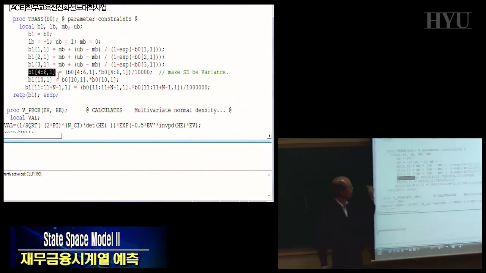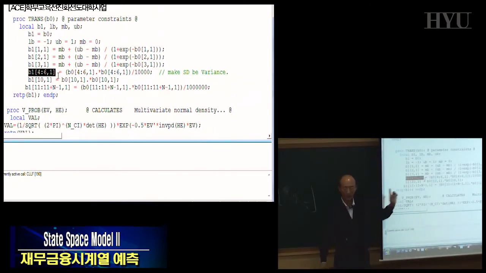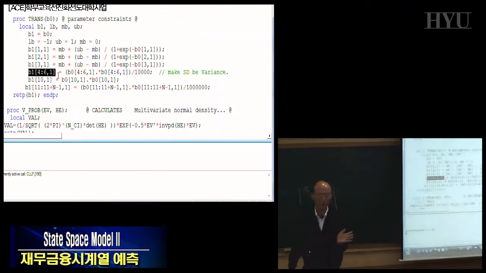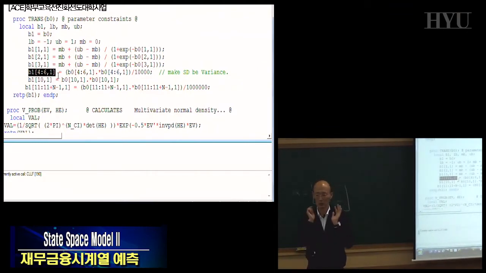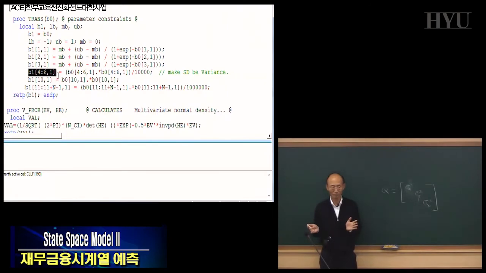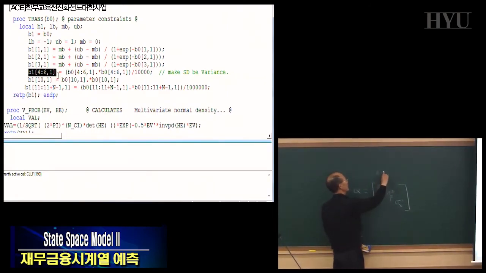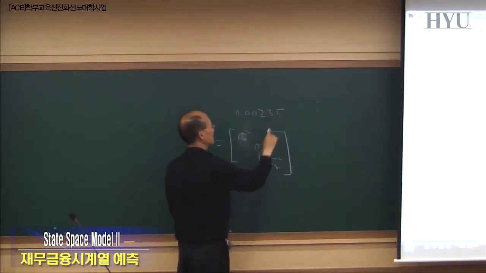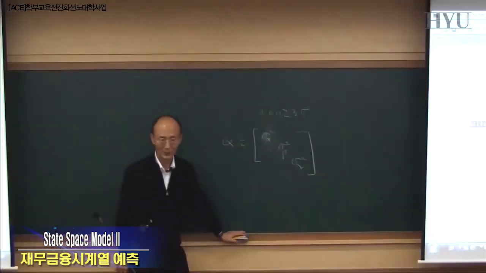But the thing is, when you actually calculate this variance, when you look at the variance figure after the program converges, you will find usually this variance is some very small number, right?